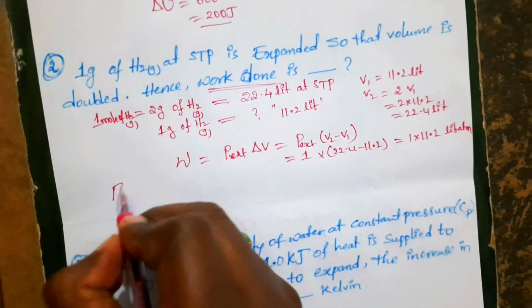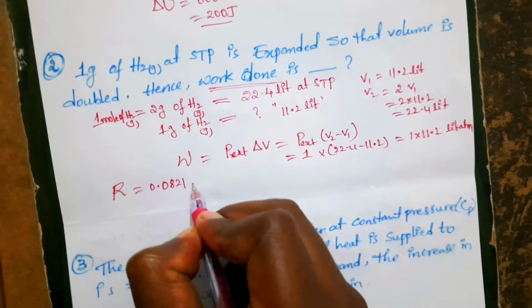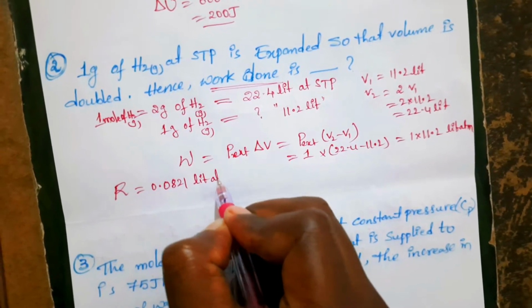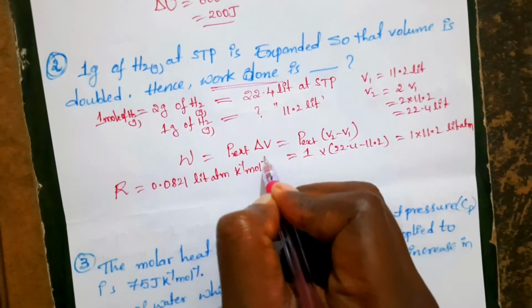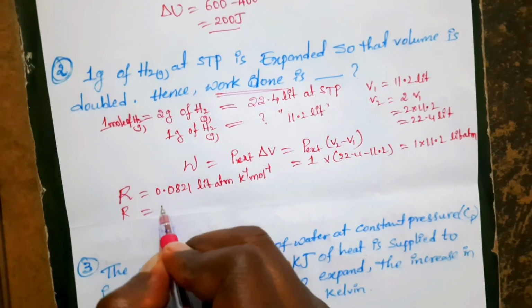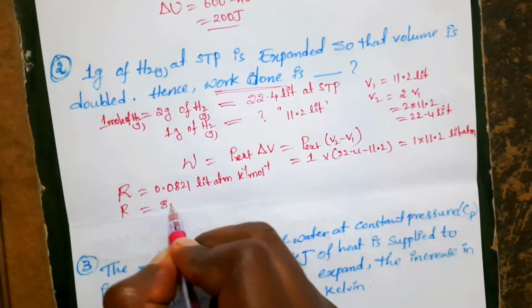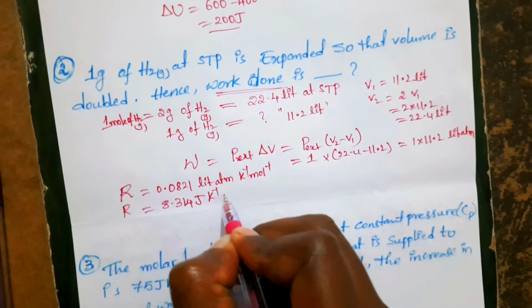We know the R value, that is 0.0821 liter atmosphere per Kelvin per mole. That is the R value in terms of liter atmosphere. R value in terms of joules will be 8.314 joule per Kelvin per mole.